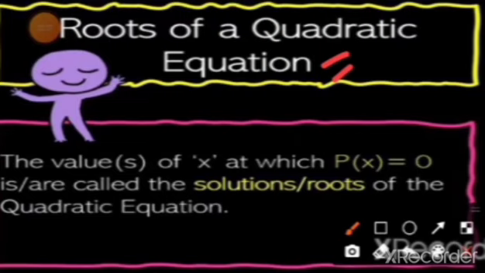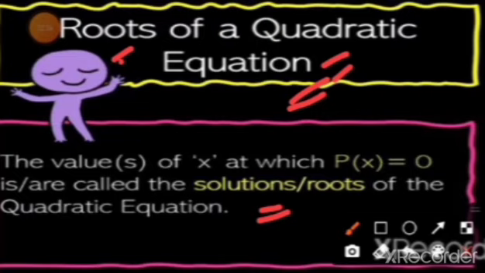Next is roots of the quadratic equation. In previous classes already you know how to find the zeros of the quadratic polynomial, now we are going to discuss zeros of the quadratic equation, zeros and roots. When we are discussing the polynomial, then we use word zero, and when we are discussing the quadratic equation, then we will say the word roots. So these are the same thing: roots, zeros, and the solution.